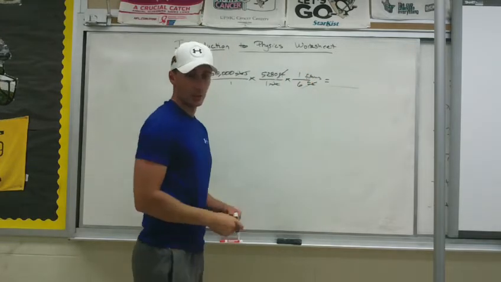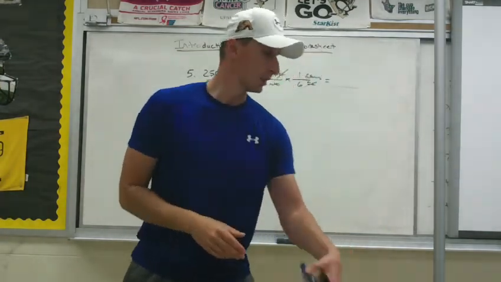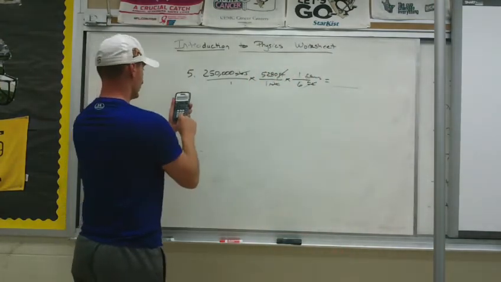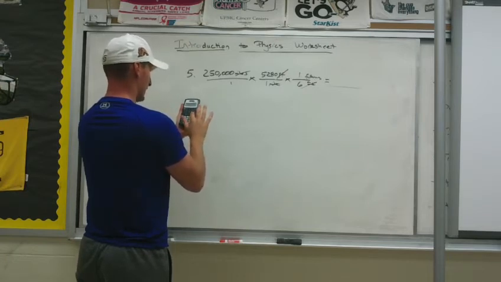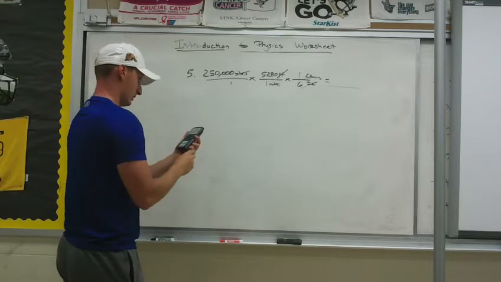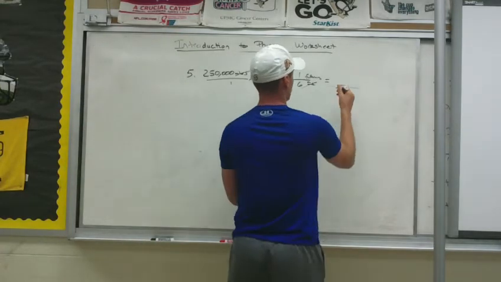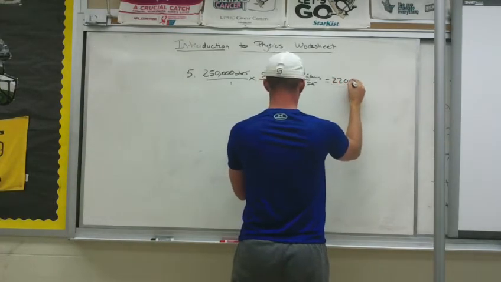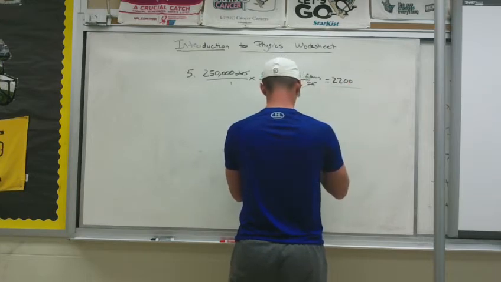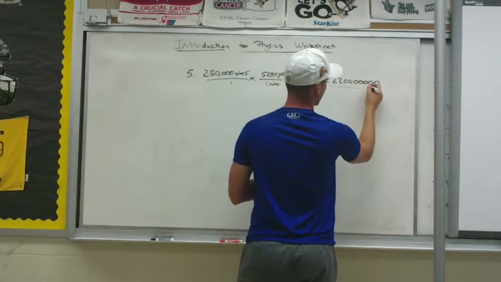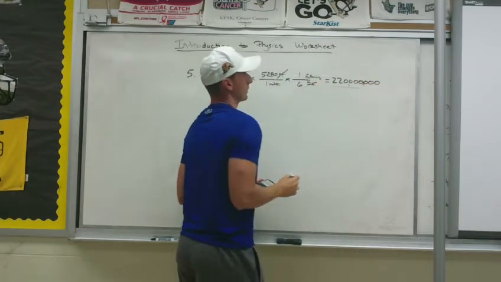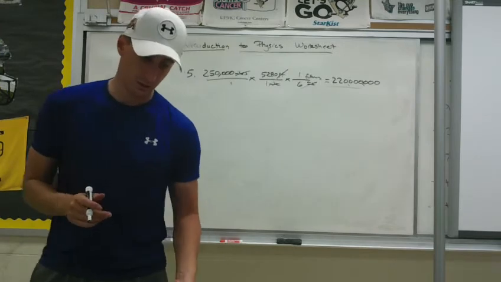I'm left with fathoms, so I go ahead and do the calculations here. I go 250,000 times 5,280 divided by 6. And I get 220 million fathoms.